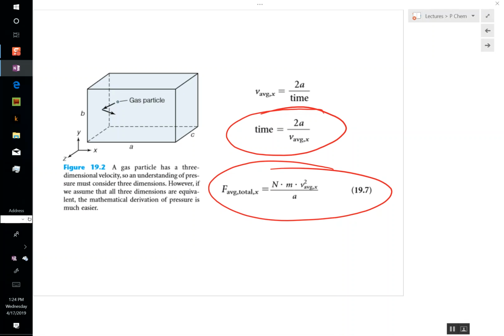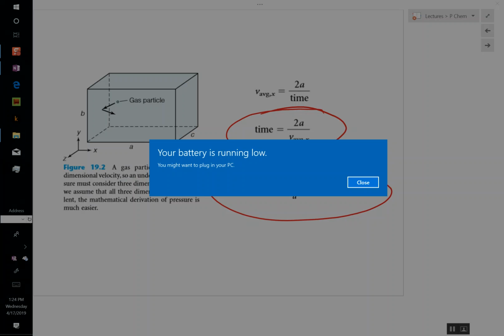This box has certain dimensions, A, B, C, but we're only looking at the x direction vector on this particle for right now. We're going to get away from that in just a second. It's asking how long it takes to go from one wall to the other wall. Yep, that's where that A comes in.